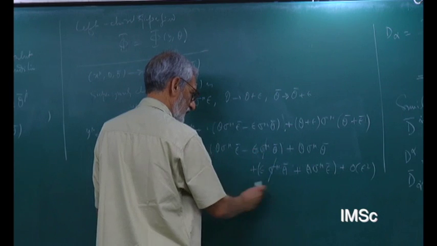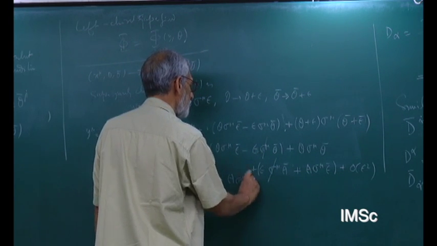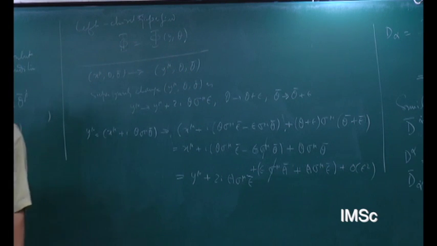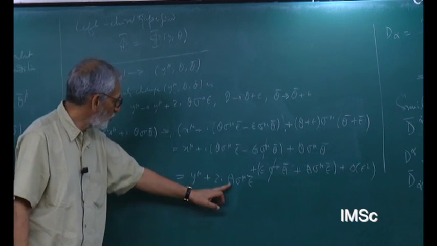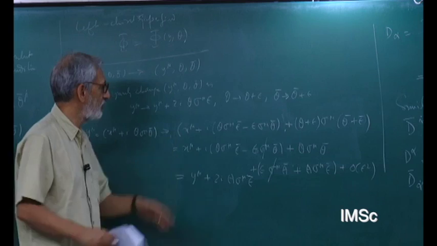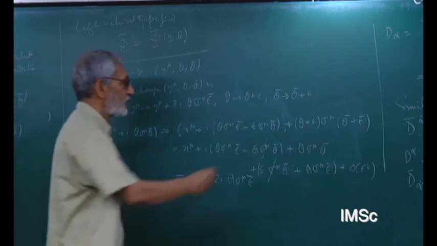This and this cancel, this and this add up. So that's what it is. y mu transforms as y mu plus 2i theta sigma mu epsilon bar. This is also bar here.